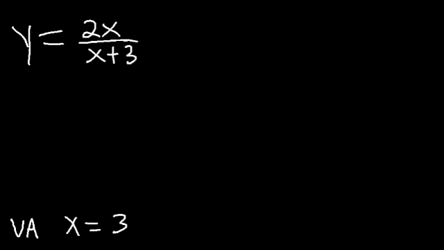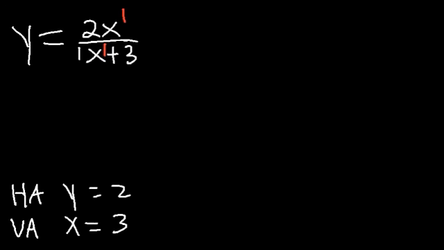Now the horizontal asymptote, notice that the degree of the numerator and the degree of the denominator are the same. When you see that, the horizontal asymptote is just going to be 2x over 1x, so it's simply going to be 2. If the function is bottom heavy, meaning the degree of the denominator is higher than that of the numerator, the horizontal asymptote will be y is equal to 0.